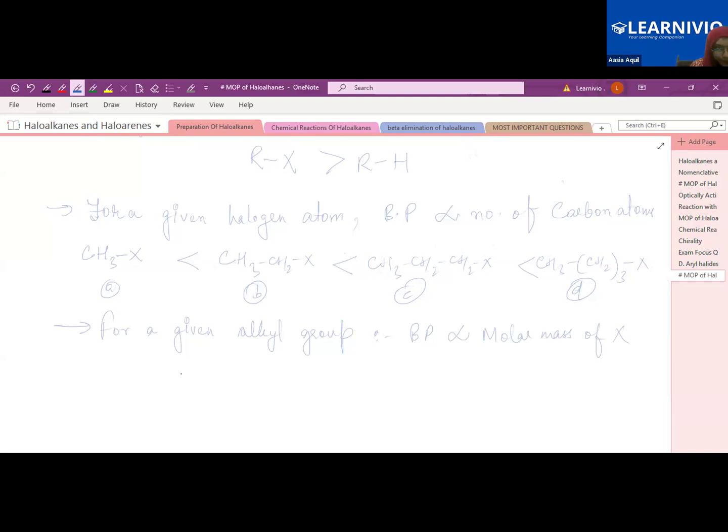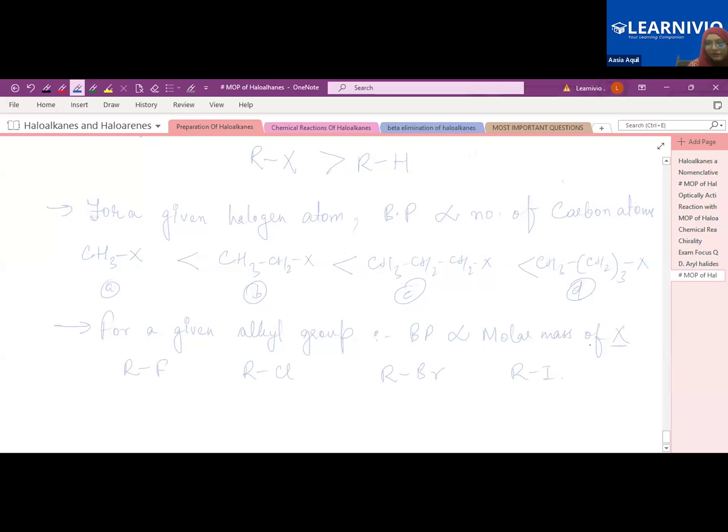For example, suppose we have RF. So the R group is fixed. RF, then RCl, then your alkyl bromide, then your alkyl iodide. Now tell me which one has the highest boiling point and which one has the least. Yes, molar mass of halogen atom, directly proportional.